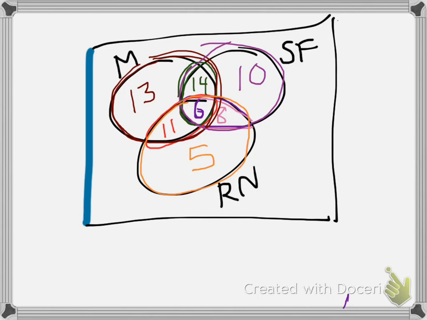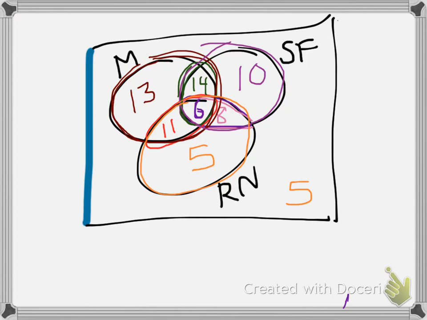Subtracting 67 from 72, we have 5 that goes there. That means 5 people don't like to read any of these 3 categories. So this is how you fill a 3-set Venn diagram. Once you fill in these 3 circles, it's easy to answer any question.